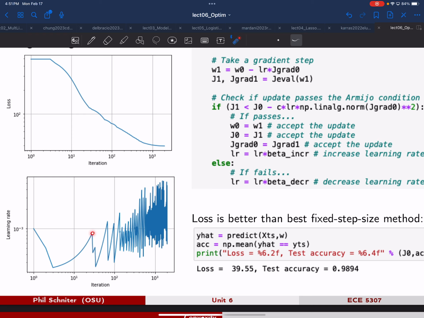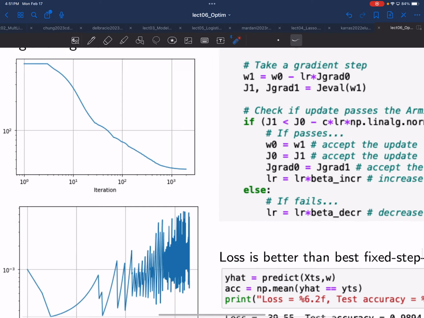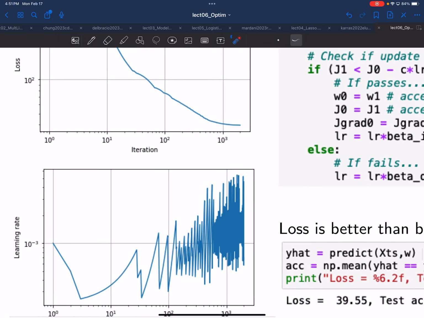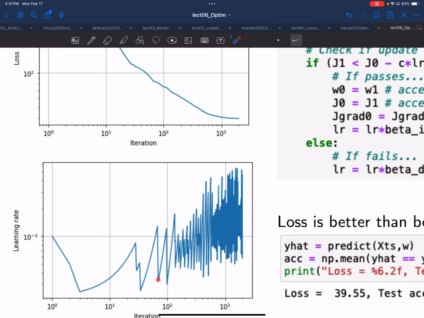But then finally, at this point, it failed again. And it failed once, it was successful, failed again. But then it was successful for many other iterations and so on. So you can see the loss is usually decreasing. Once in a while, it has these plateaus where it doesn't decrease because it's failing the Armijo rule, but in that time, it's sort of recalibrating the step size.